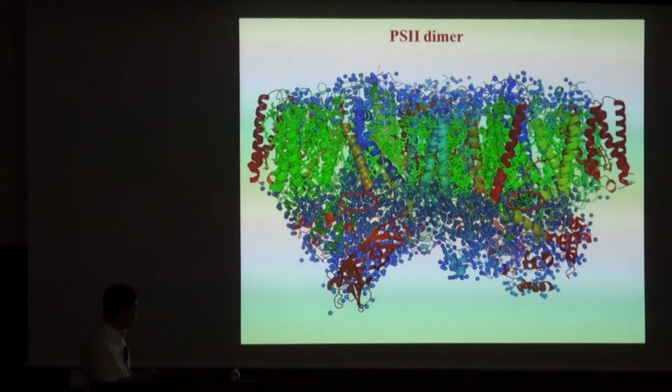Because, as I mentioned, the manganese cluster is located in here, and water splitting happens here. When water splitting occurs, there are protons produced here. And this reaction has a very high activity, and the amount of protons produced is very large.